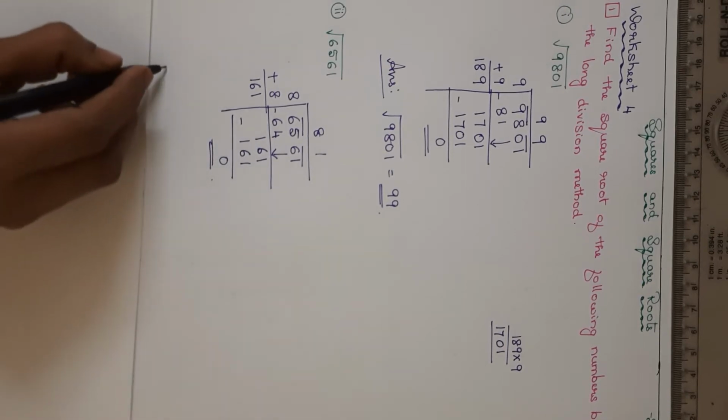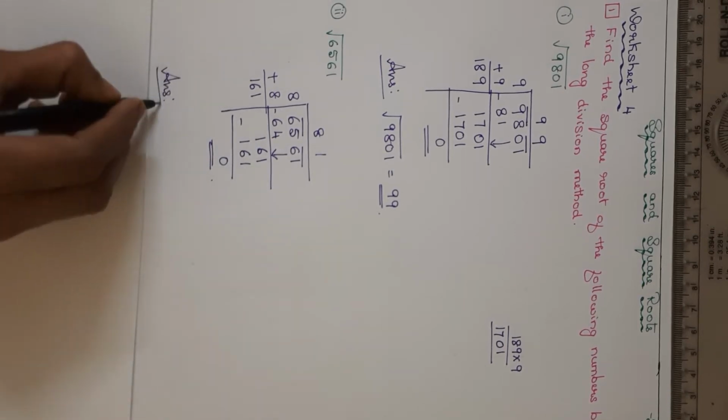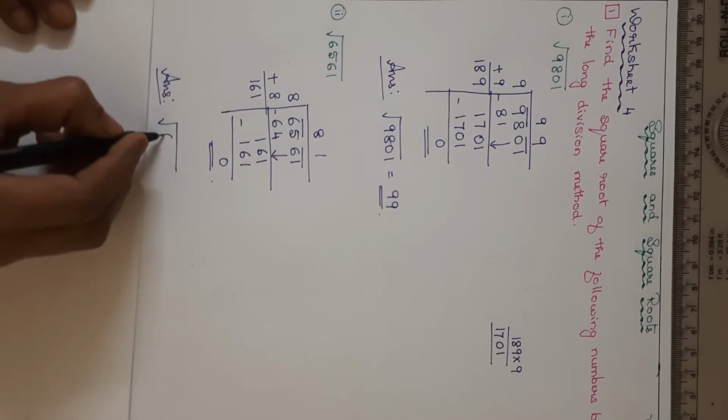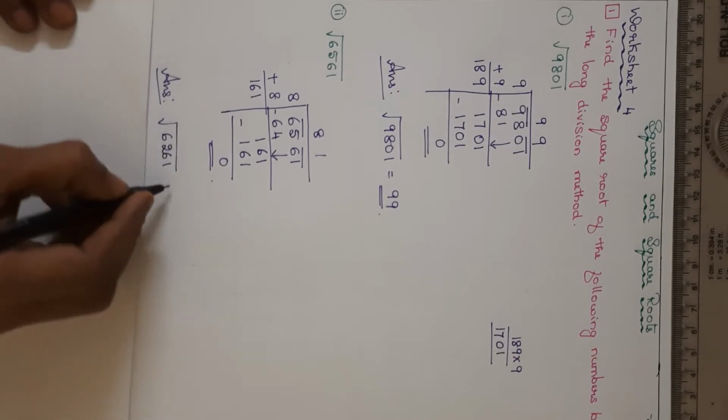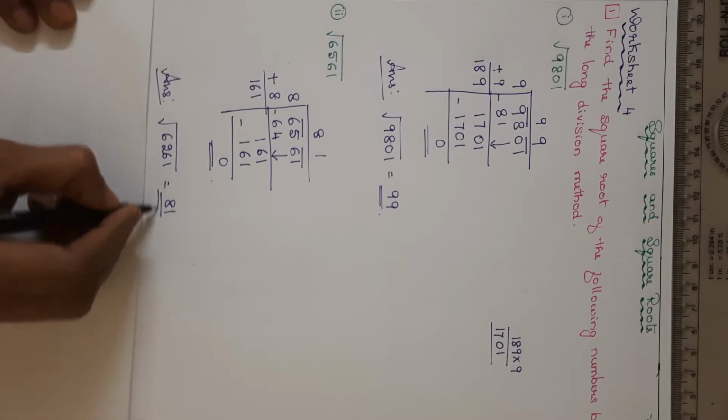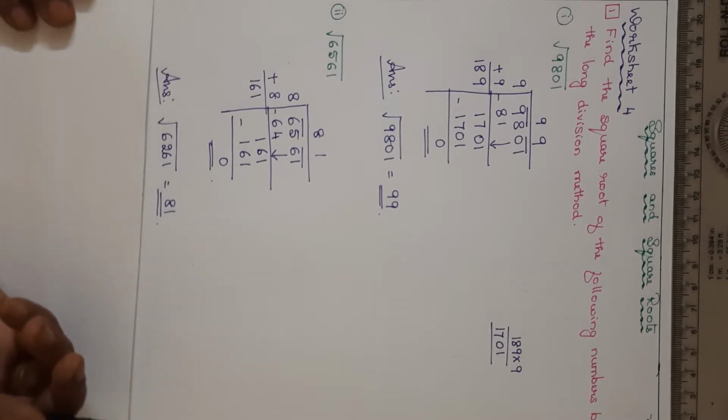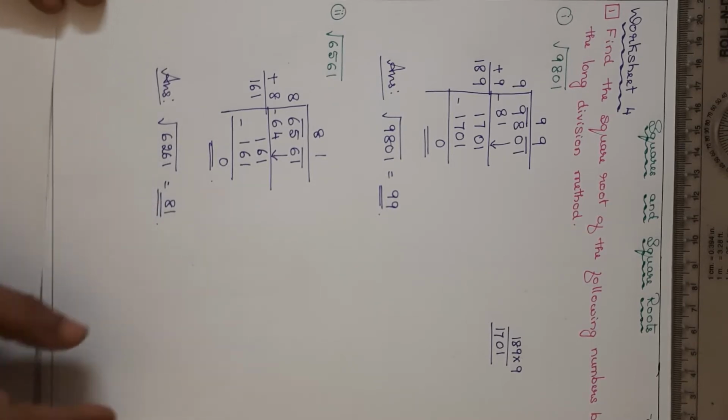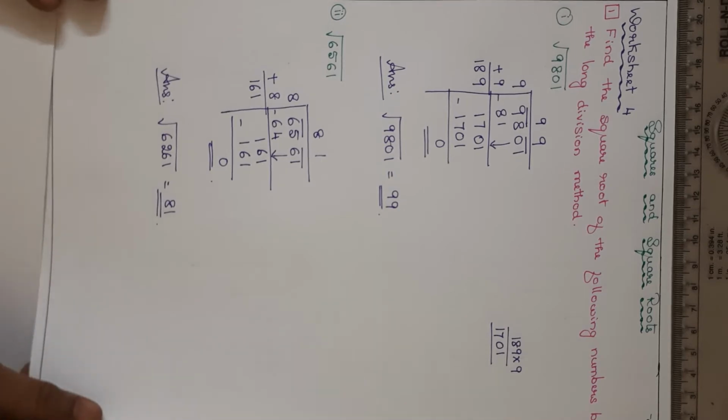So the answer is square root of 6561 is equal to 81. Is it clear? So first two sums were comparatively easy, isn't it?